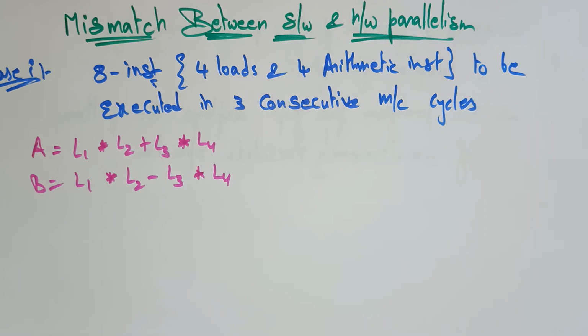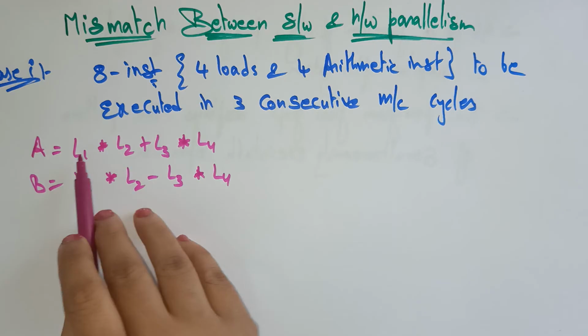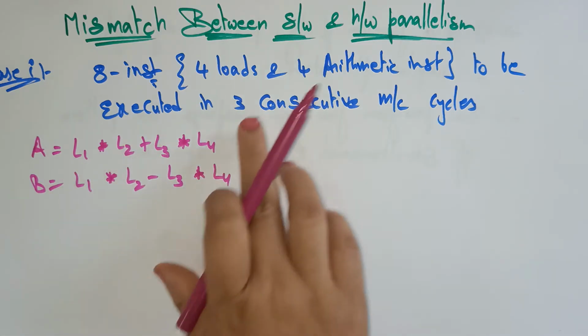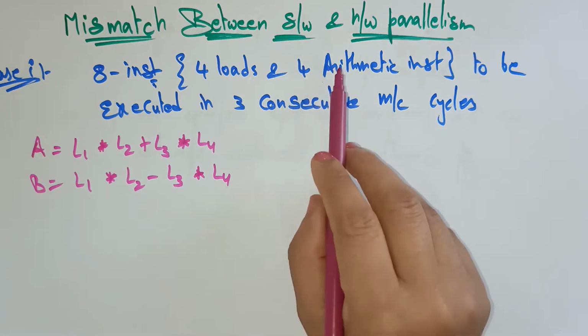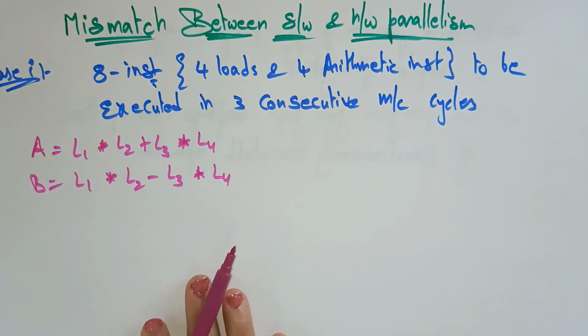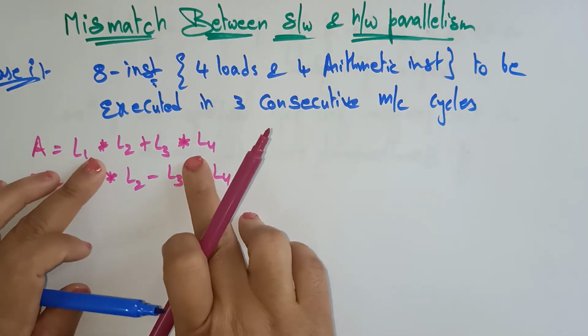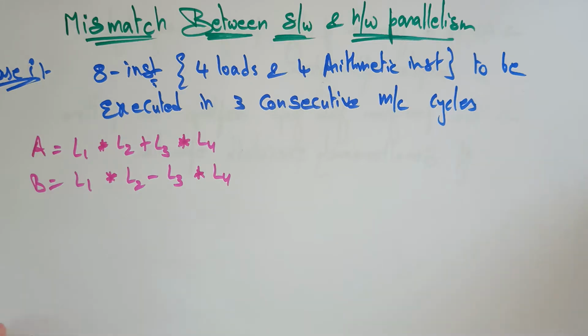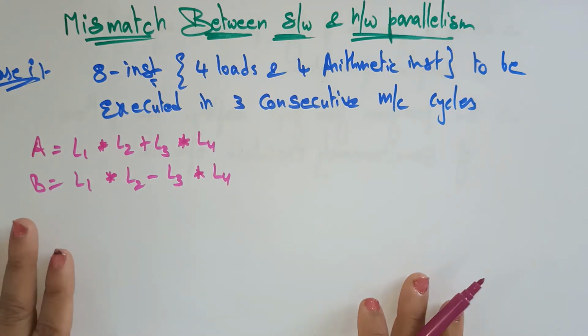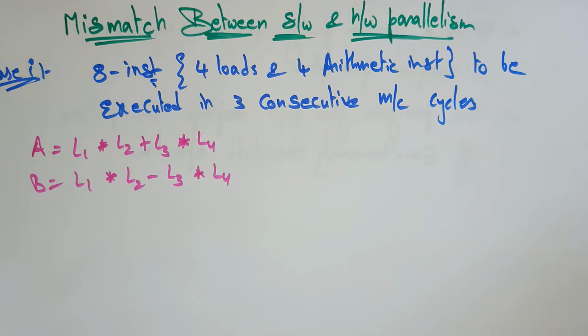Right? 4 load instructions, L1, L2, L3, L4, and 4 arithmetic instructions: 2 multiplications, 1 addition and 1 subtraction. Now let's have a look at the software parallelism.